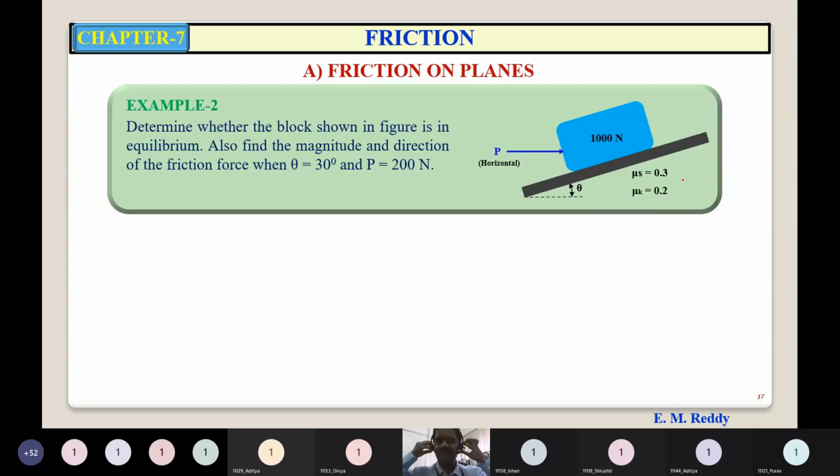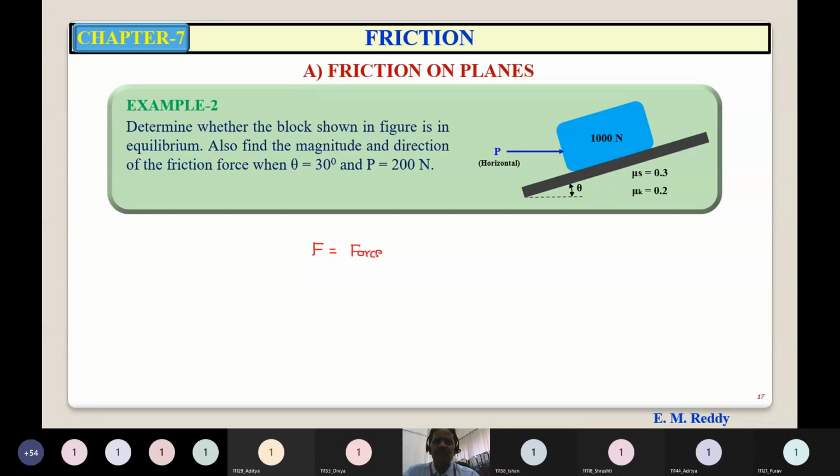How do you check whether this block is in equilibrium or not? For that, you have to compare two forces. One is F, the actual force.